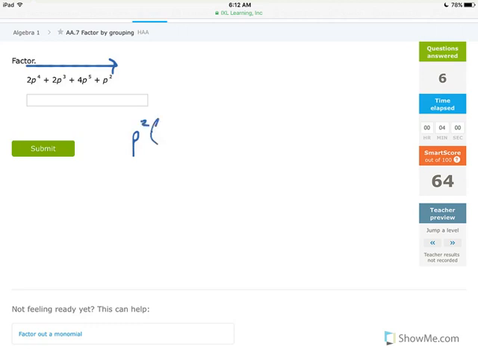And then what's left behind on each of the four terms? So on the first term, you're going to be left with a 2p squared, because the p squared multiplied by the 2p squared would be your 2p to the fourth. And then on the next one, you're going to have a plus 2p. And then on the next one, you are going to have a 4p to the third.